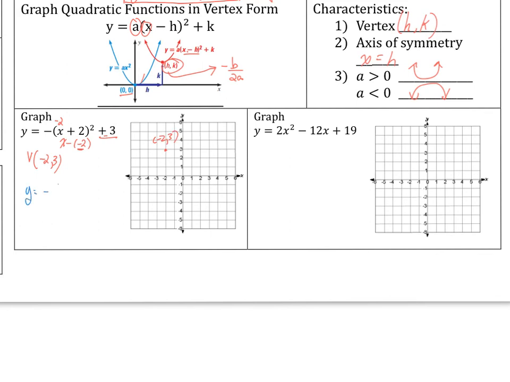So that's when x is 0. So this would be -4 plus 3, -1. And then an axis of symmetry again is what? At x equals -2. So we can reflect this y-intercept of -1. So it will be -4, -1. Then we can graph.